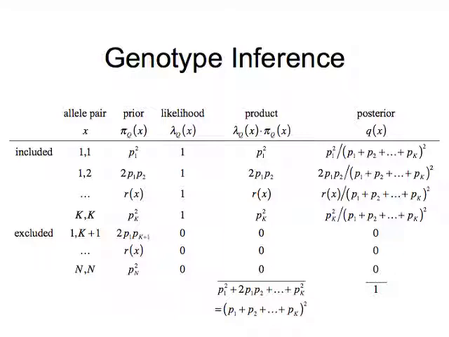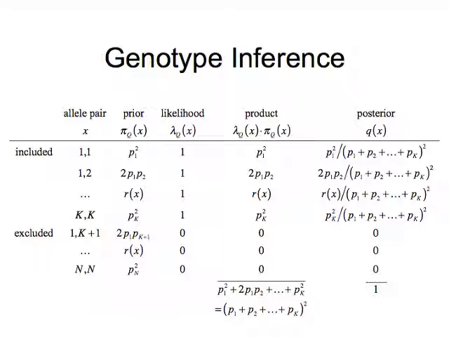In other words, what we're looking at is the standard inclusion probability. Well, moving over to the last column for the posterior probability, all we do, following Bayes' theorem, is we divide each product value of the prior and the likelihood for that allele pair by the normalizing constant, which here we see is the inclusion probability.